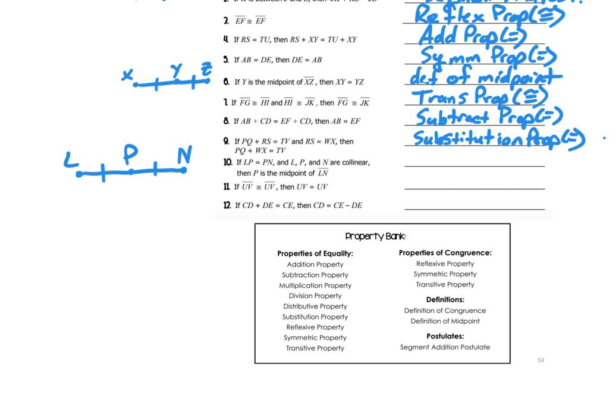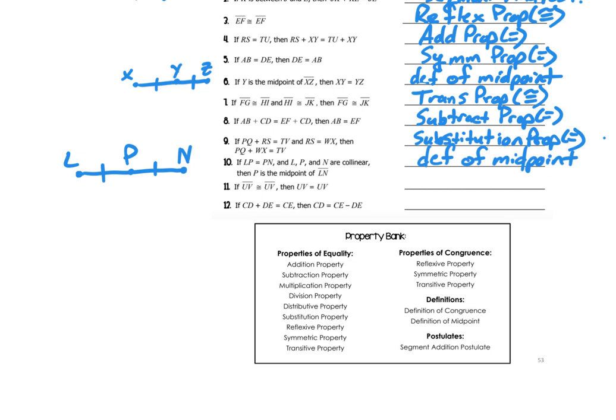If they're congruent, then what does that tell me about P? P is the midpoint, right? So what do you think we're using here? Not quite transitive. Yeah, definition of midpoint. That's just defining what midpoint is. We know it's the midpoint, so we know that those are congruent. If we know they're congruent, then we know it's the midpoint, okay?